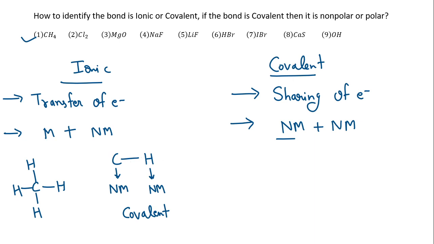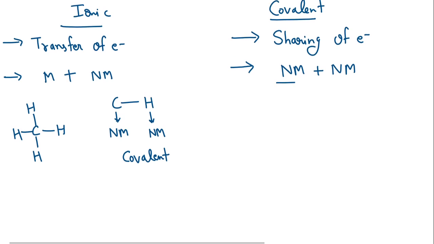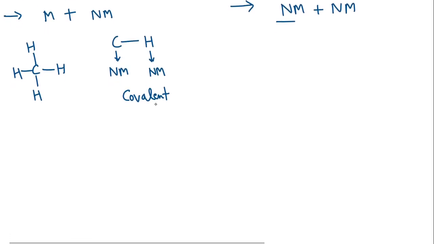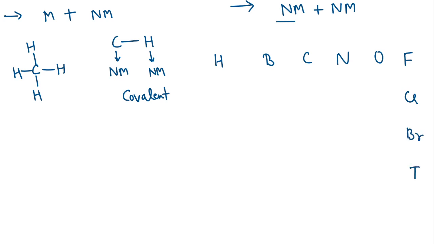So here we have some En values you should know. Hydrogen, boron, carbon, nitrogen, oxygen, fluorine, chlorine, bromine, iodine.